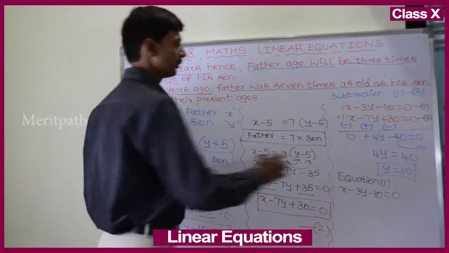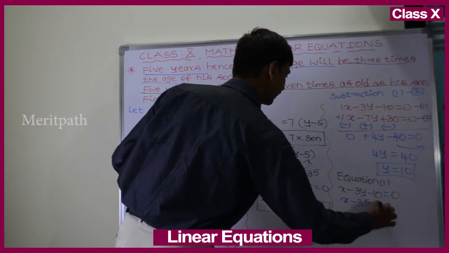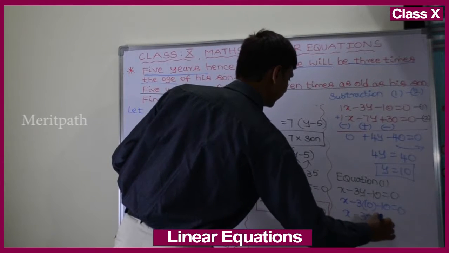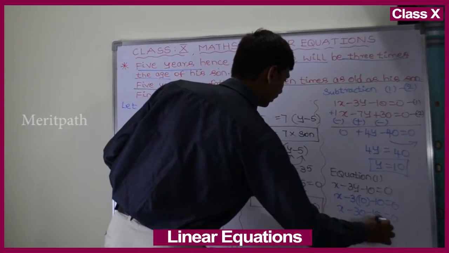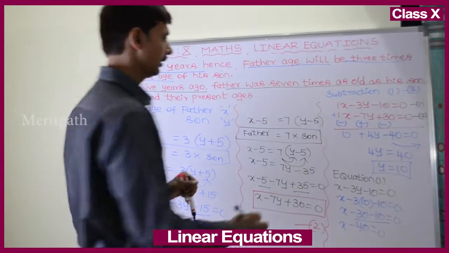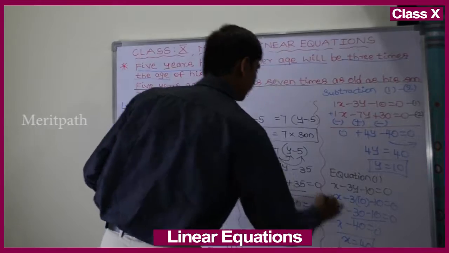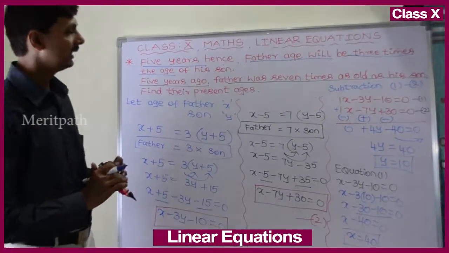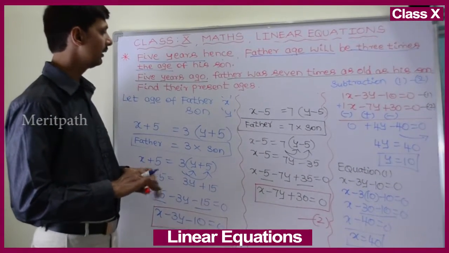Let us substitute the y value 10 in this. x minus 3 into 10 minus 10 equals 0. x minus 30 minus 10 equals 0. x minus 40 equals 0, because we added these two negative values, it becomes minus 40. So x is equal to 40 after transposition. So the value of x is 40, the value of y is 10. So the age of the father is 40 and the age of the son is 10.